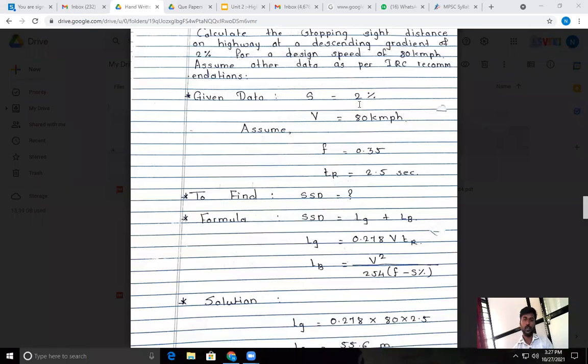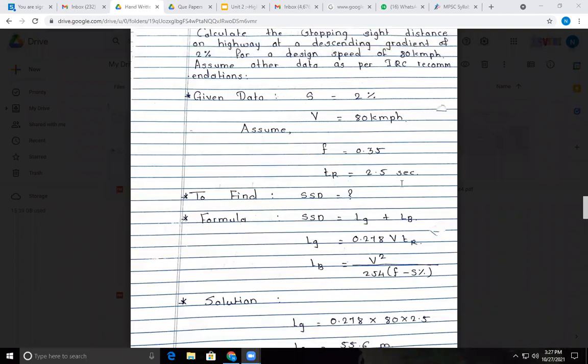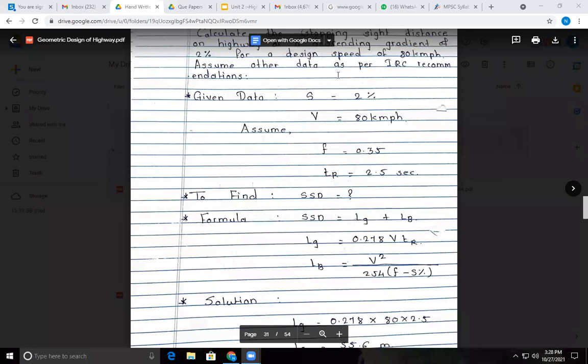Very basic formula, very simple problem. Three, four persons have texted the answer.